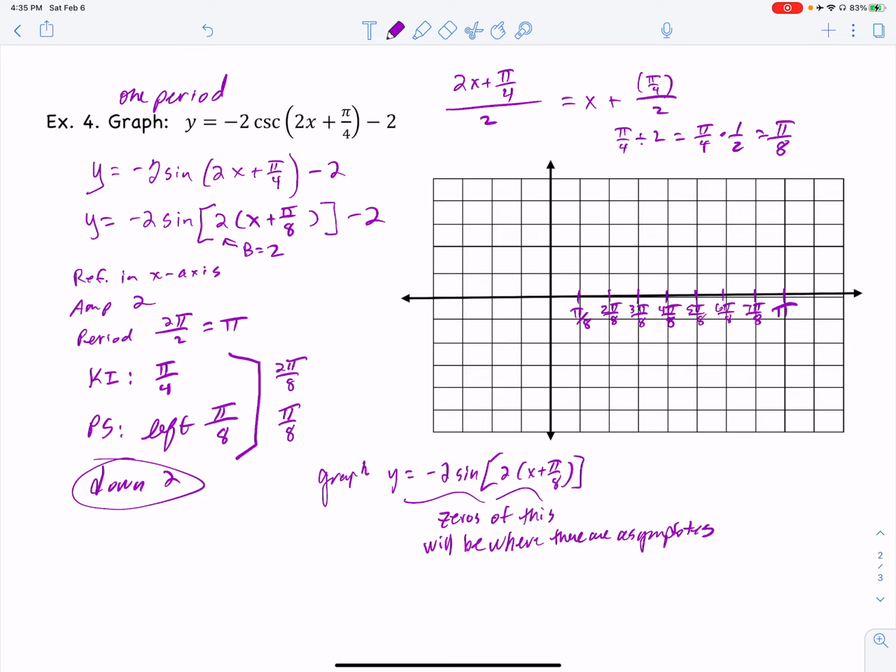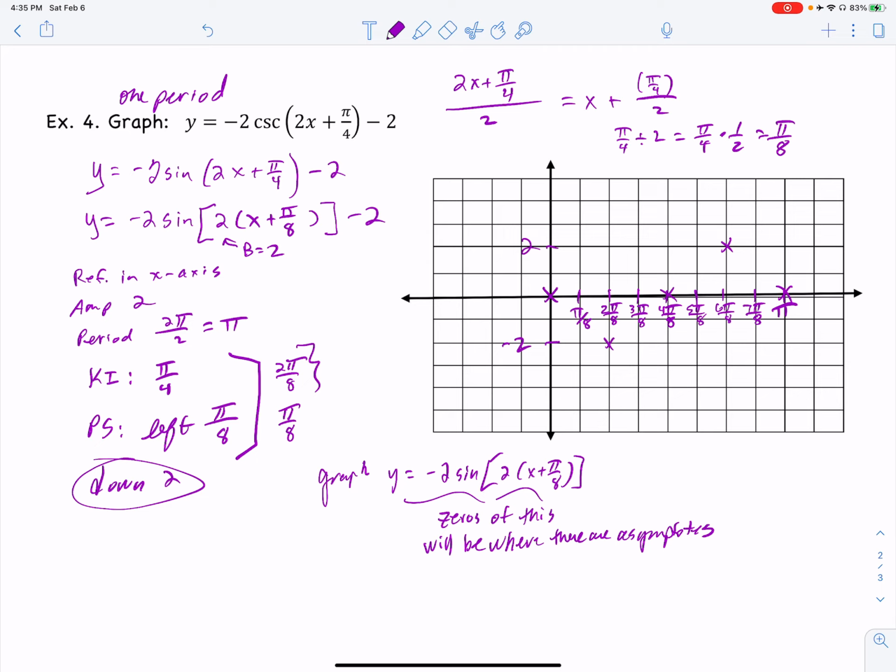Well, sine before I shift would be at 0. Then it would go to -2 at 1 key increment. But you have to remember the key increments are 2 pi eighths. But to make the phase shift easy, I went and marked by pi eighths. So sine in this case, instead of going up, it's going to go down to -2 with 2 pi eighths. Another 2 pi eighths, it'll be back at 0. Another 2 pi eighths, it'll be at +2. And then at its period, it'll be back down to 0. But this is the graph before phase shift.